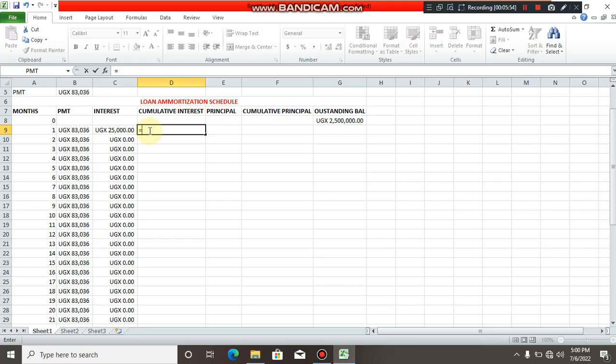So for the cumulative, you can use two techniques. The first one, you can use sum. You open bracket, then you just tap on the first one. You want it to be constant, the same as in the first month, so I'm going to lock it.